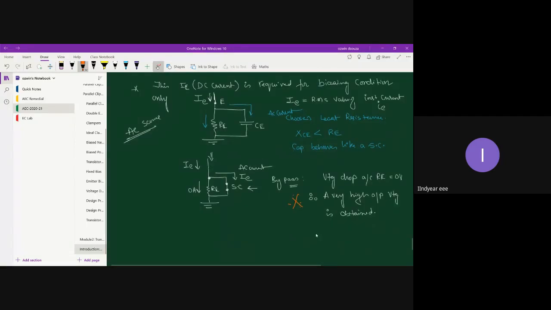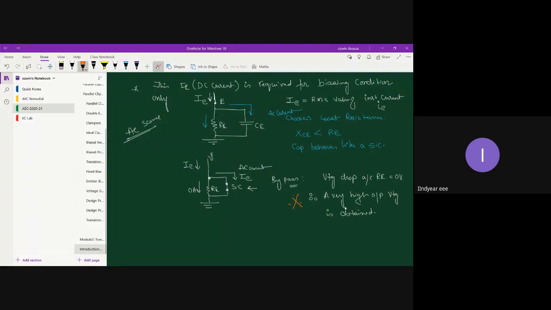So this is the conclusion. In the presence of the bypass capacitor CE, against AC current, the bypass capacitor offers a zero reactance path. Hence, the AC signal is safely bypassed through the least resistance path, due to which the voltage drop across the emitter resistor becomes 0.